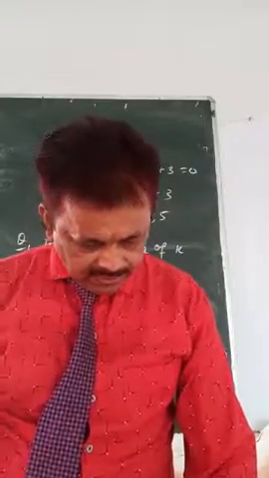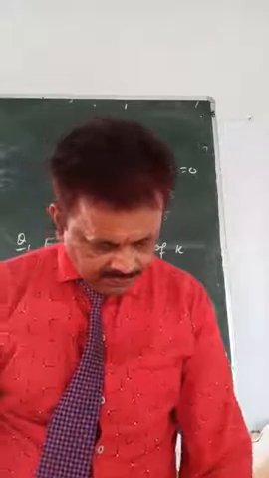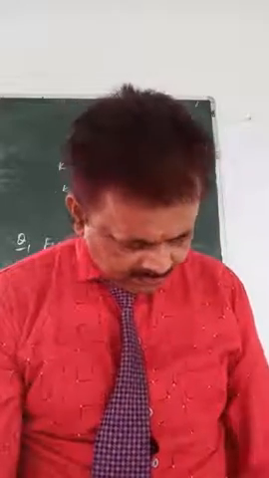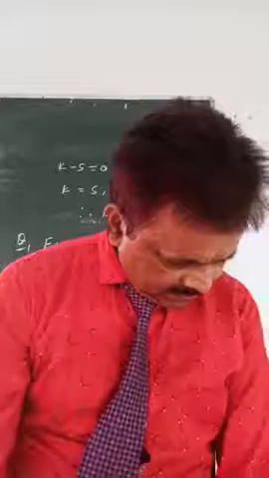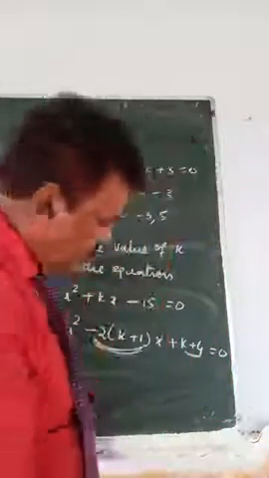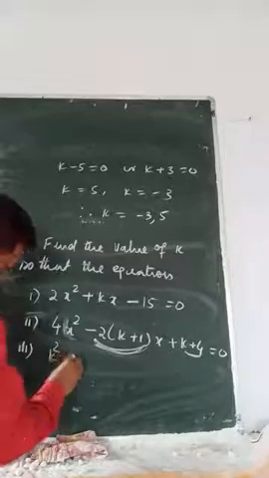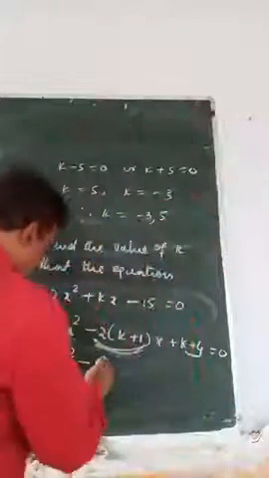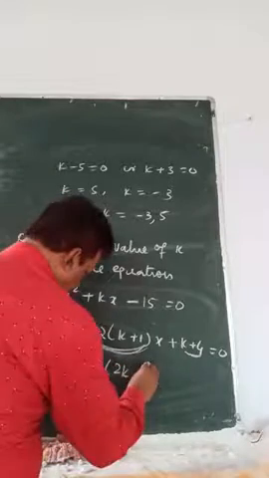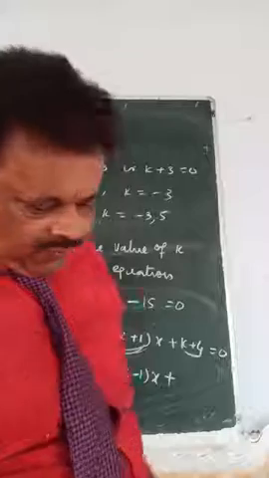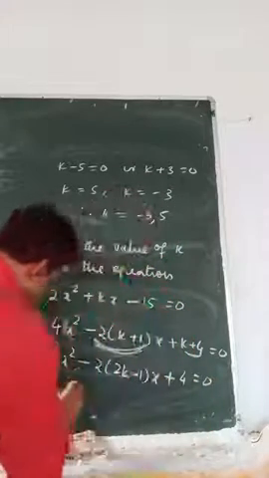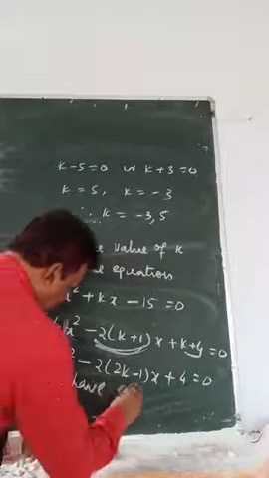I'll give another one. K square x square minus 2 into 2k minus 1 x plus 4, equal this.